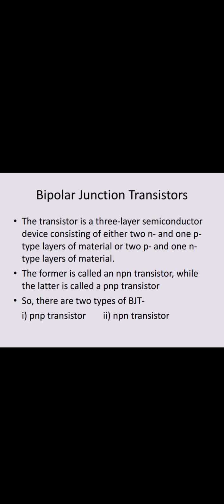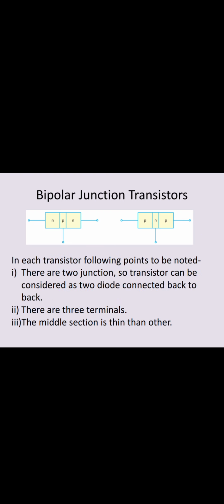Now we have the first question: why is it called the junction transistor? The answer lies behind the construction of the semiconductors. We already know that semiconductors have two types, one is the P type and the second one is the N type semiconductor. In this type of transistor, any one type of semiconductor is sandwiched between the other type of semiconductors.